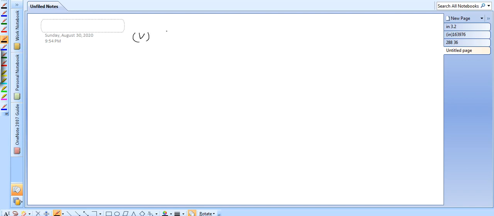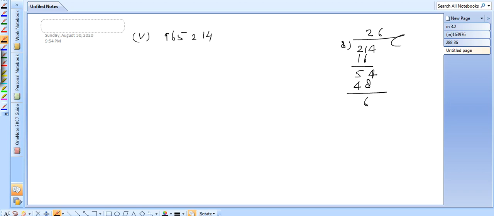The number is 965214. So the last three digits are 214. Check the divisibility with 8. तो हम 8 से डिवाइड करेंगे 214 को. 8 2 जा 16, difference is 5. Take 4. So in the table of 8, 8 6 जा 48, and the difference is 6.